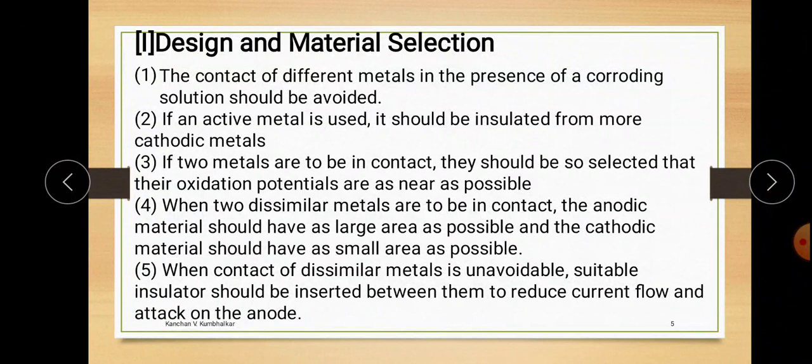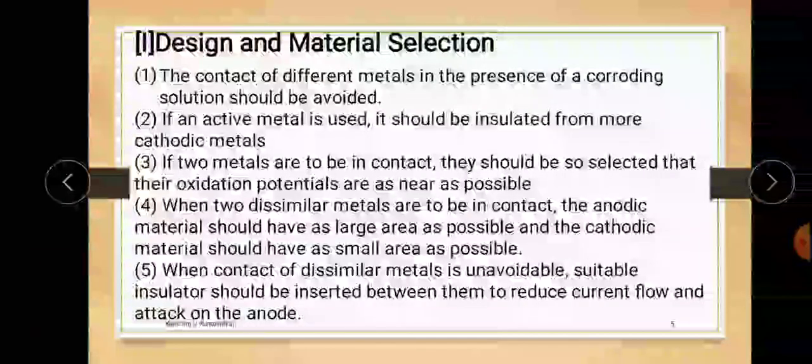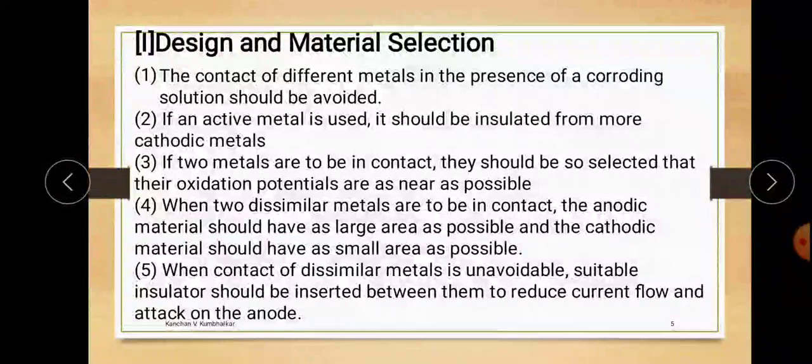But if in the electrochemical series the metals are quite near, then corrosion occurs, but because the oxidation or reduction potential difference is not large, the rate of corrosion is diminished. Means by using different metals, you have to choose them in such a way that they are much nearer in oxidation potential in the electrochemical series, so that the rate of corrosion can be minimized.